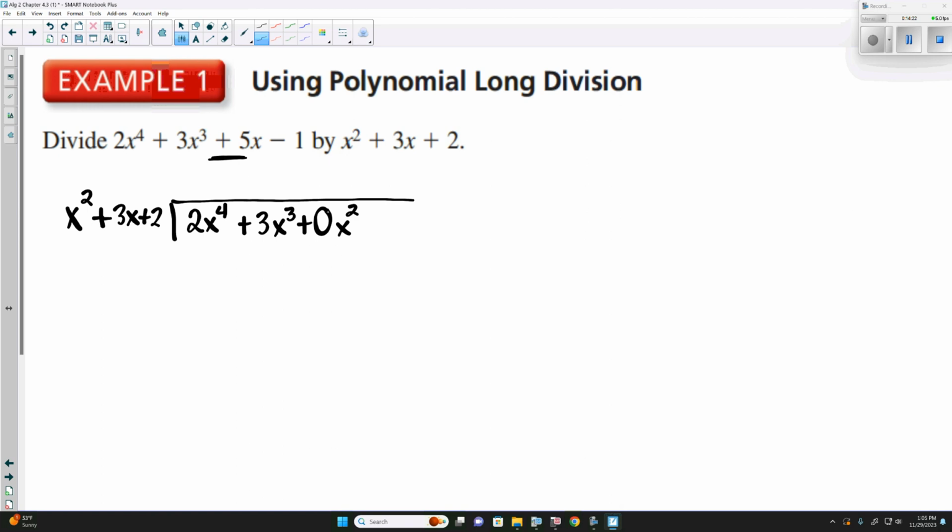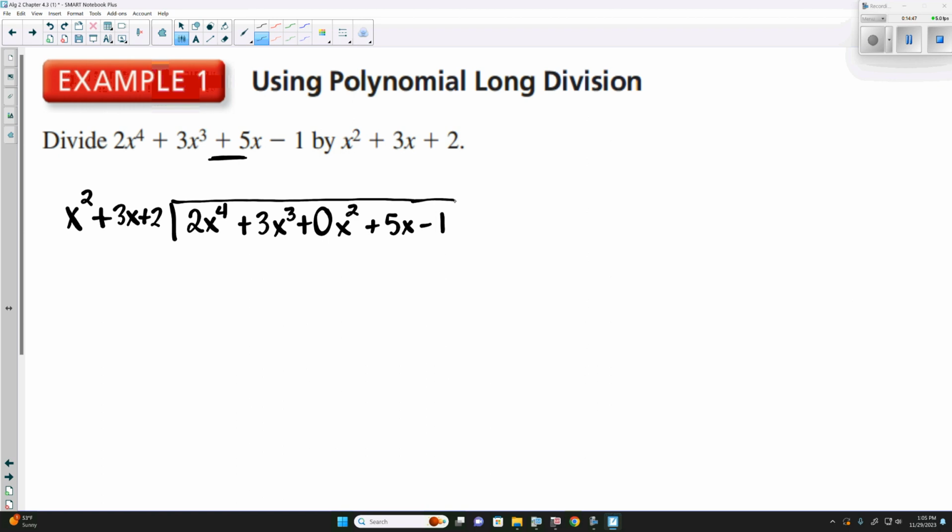So if we're ever missing a term, we need to add it back in, so 0x squared. If we were missing the x term, we would say plus 0x. But we do have x, 5x minus 1. Whenever we're missing a term, either in what we're dividing by or what's being divided, we do have to plug it in as 0 times whatever that term is.